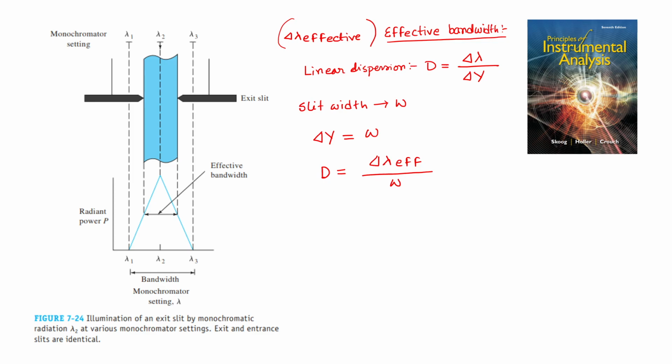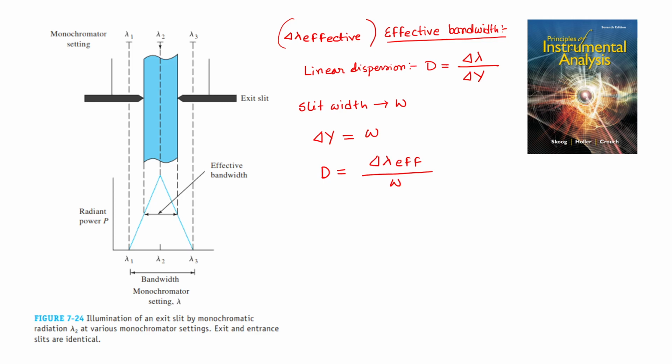At that position, cos R is already 1. So our delta y, the change, will be reflected in the slit width W. If we make our finite change in the y position in the grating equal to W, then the delta lambda is going to be your effective bandwidth.